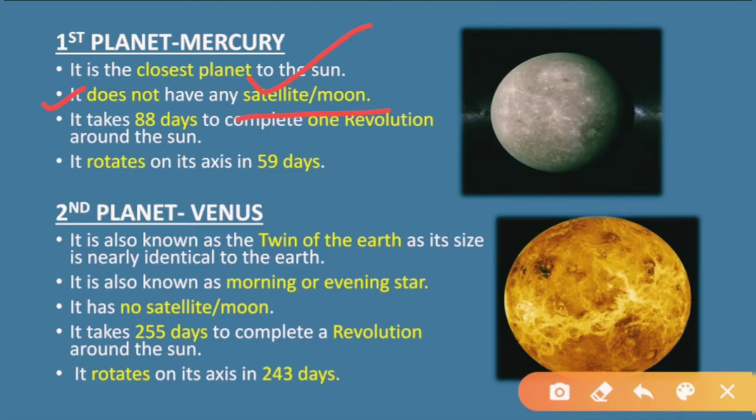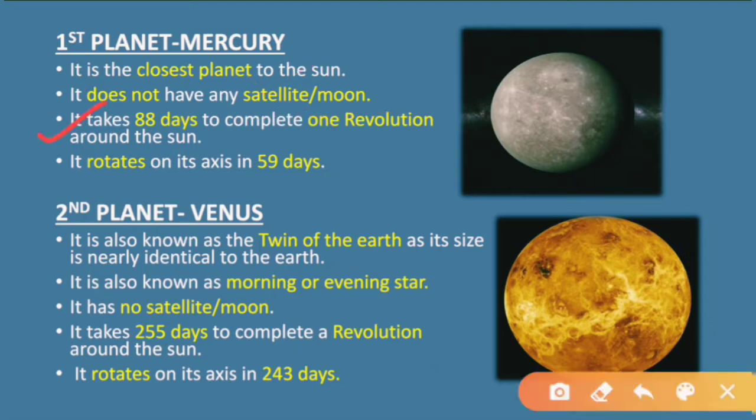Now see, in this point, Mercury doesn't have any satellite or moon of its own.